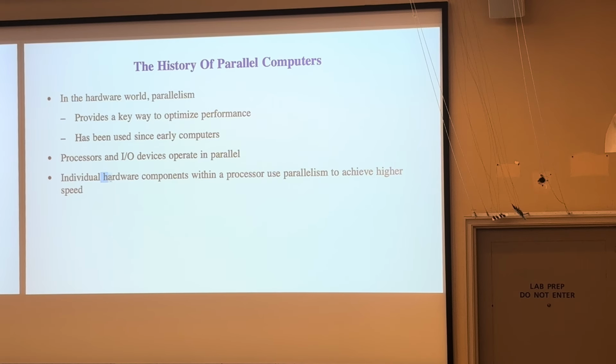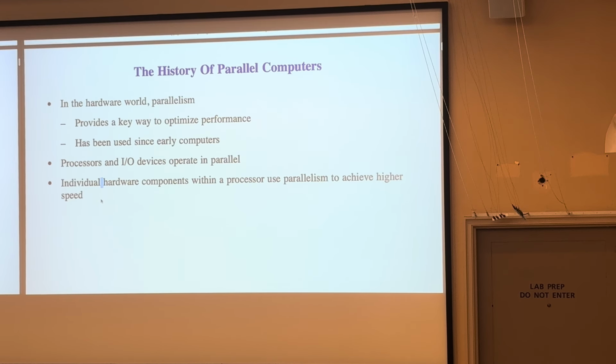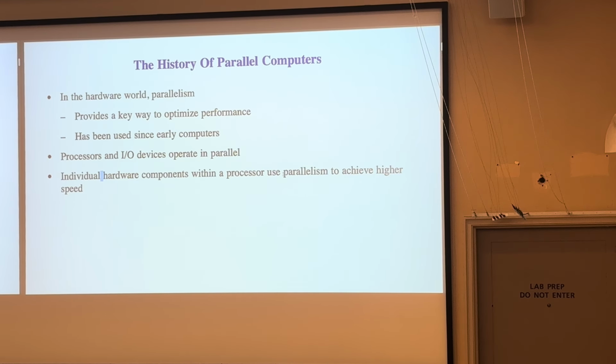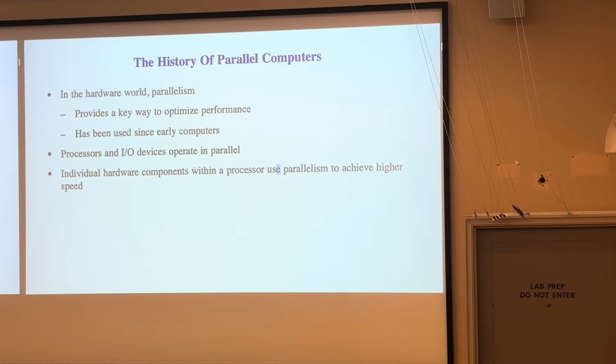And individual hardware components within a processor use parallelism to achieve higher speed. In the architecture course or computer organization course, if you are taking that course, you may remember that every CPU, even a single core, has multiple stages.